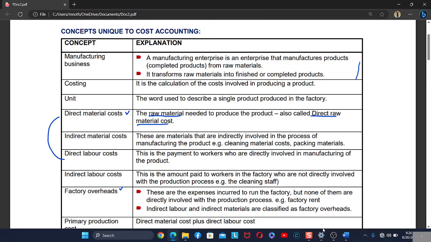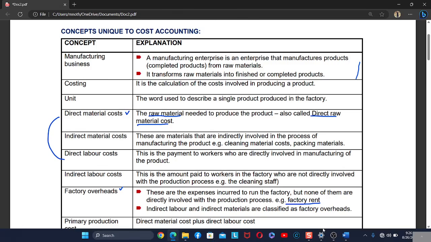For example, the factory rent. Obviously, the factory rent is not directly involved in the making of the product. It is not doing anything there, but it is a running cost of the factory, so it falls under the factory overheads.